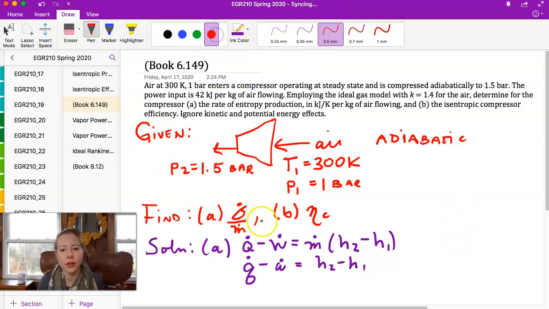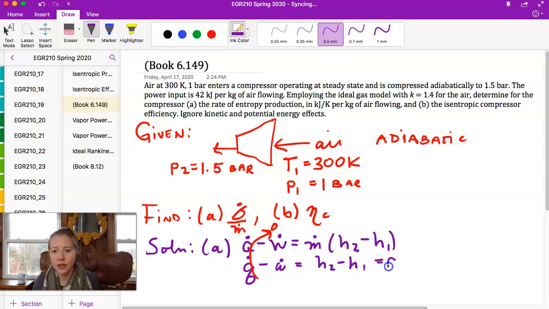And for this we have an adiabatic compression, so the Q is 0. And so we're left with minus W is equal to H2 minus H1. And remember, we can get H if we know Cp, and we know our k, so we can find Cp.